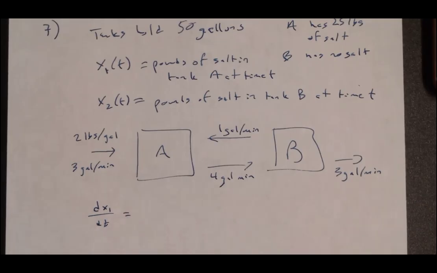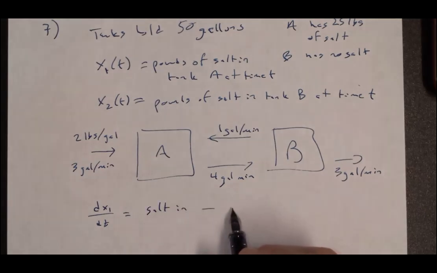Okay, back to the way I used to set this up. How do I figure out dx dt for tank A? Yep.